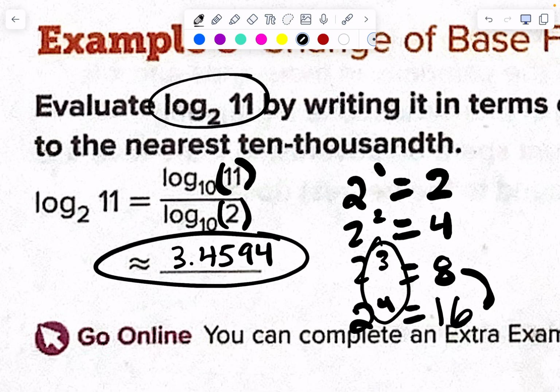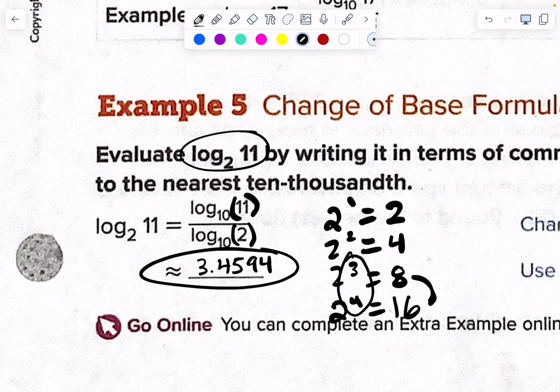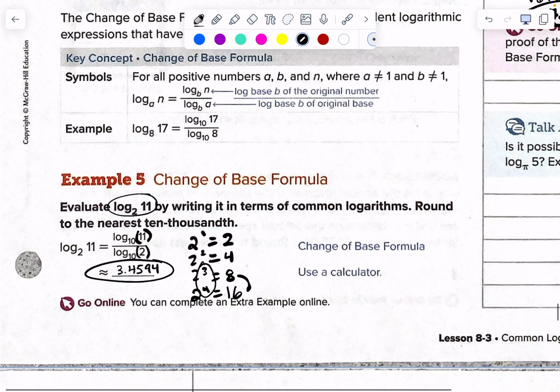There you go. We're guesstimating. Between 3 and 4. 3.4594. Because you're seeing what exponent of 2 will give you 11, yeah? 11 lives between 8 and 16, so it's got to be a number between 3 and 4. Got it? But you are just log of the up number divided by log of the basement number. That's all you do to convert.